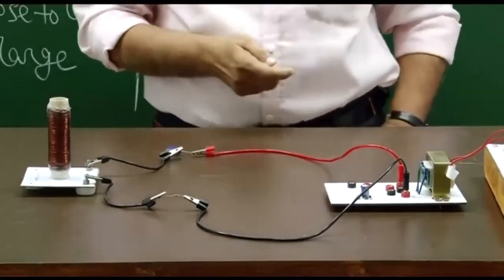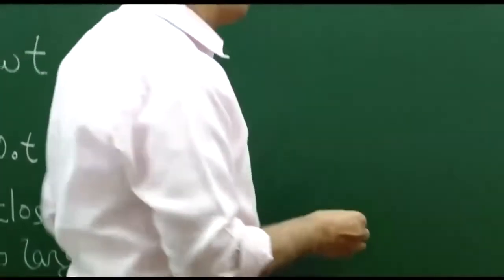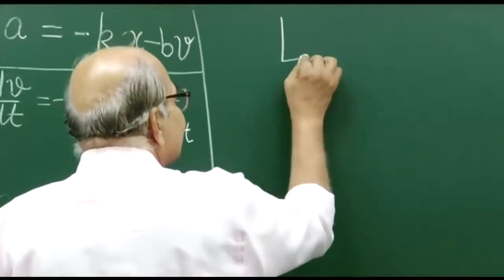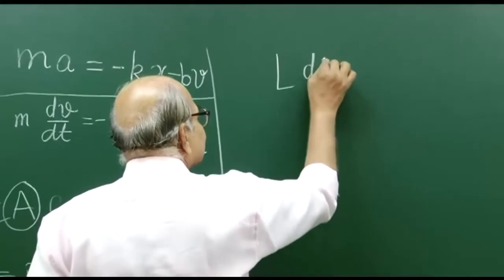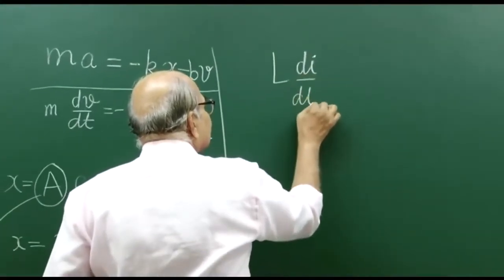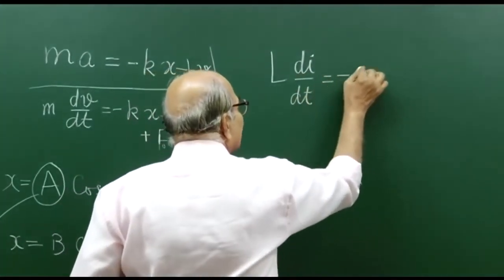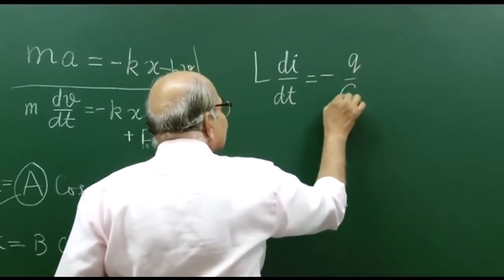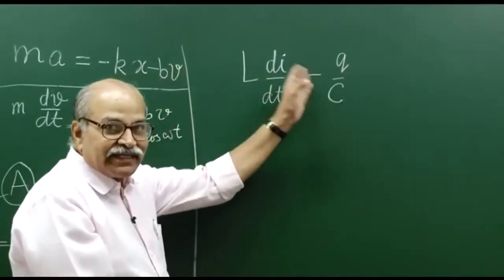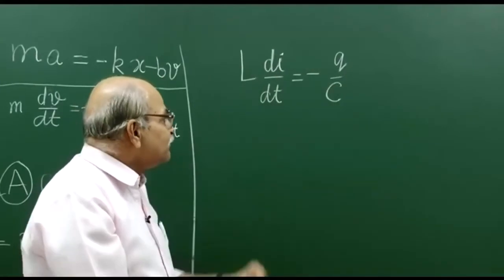What will be the equation? The equation will be L di/dt equals minus q by C. This is the basic oscillation system.